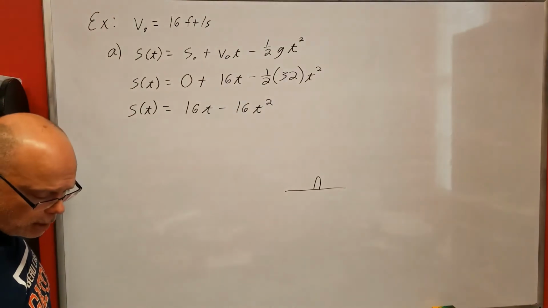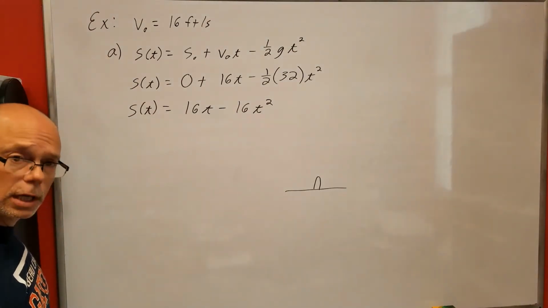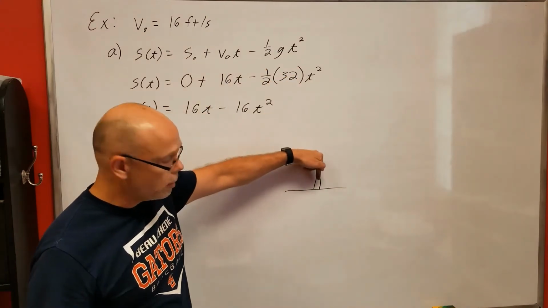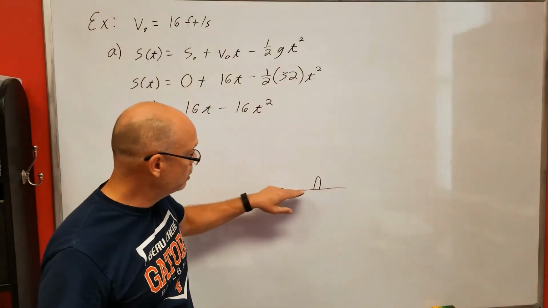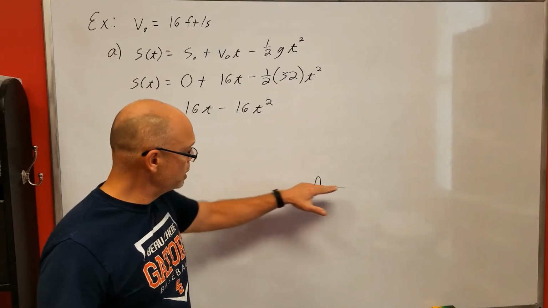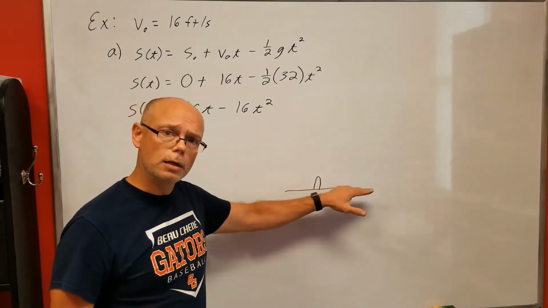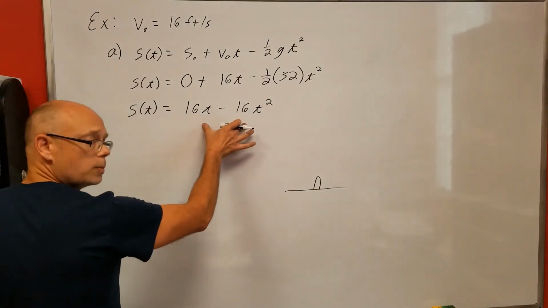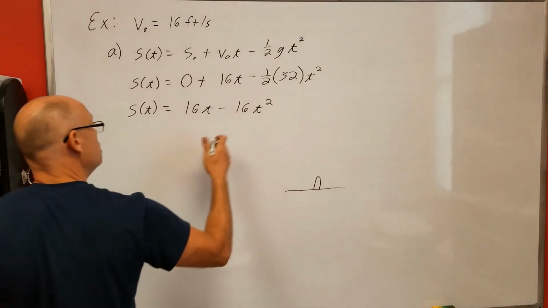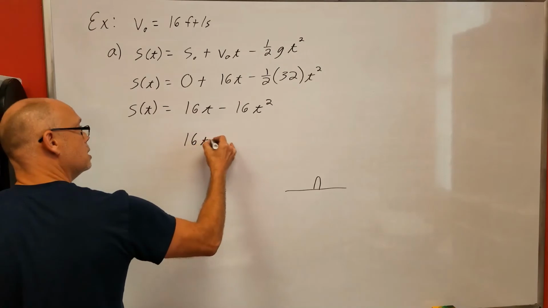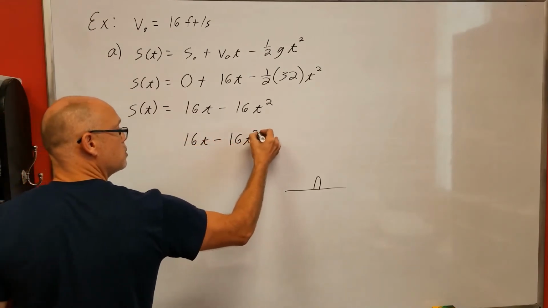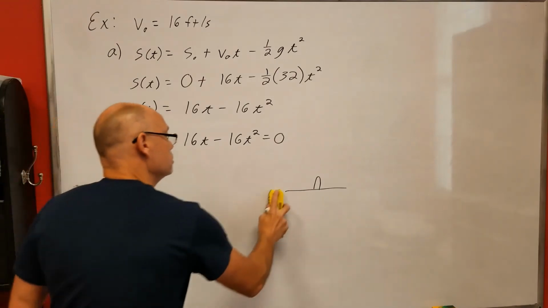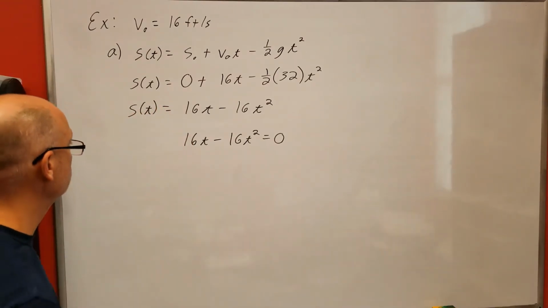Now, what do they want to know? How long will it take for my projectile to go up and back down and hit the ground? Well, what is my position equal to when it hits the ground? It's equal to 0. So let's find where this position function is equal to 0. 16t minus 16t squared equals 0.